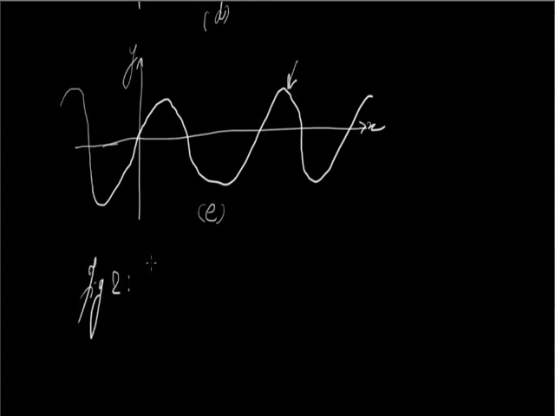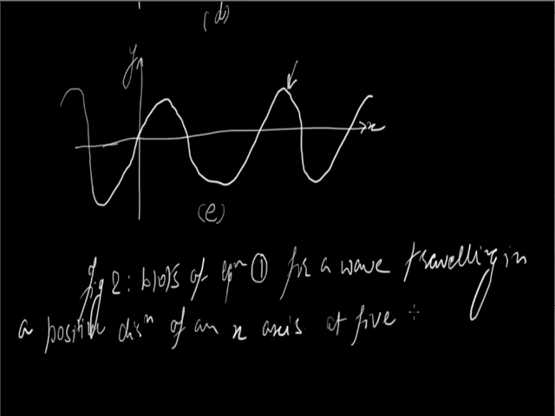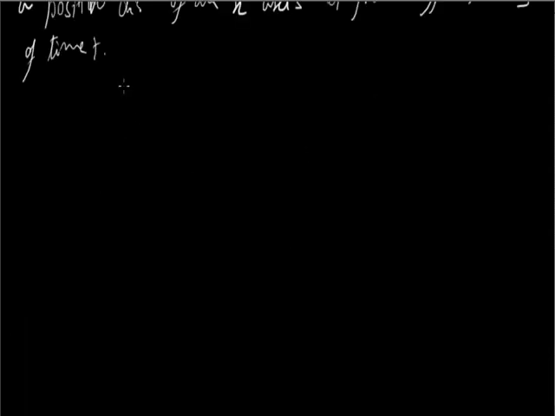So under figure 2, we can write: plots of equation 1 for a wave traveling in the positive direction of the x-axis with 5 different values of time t.